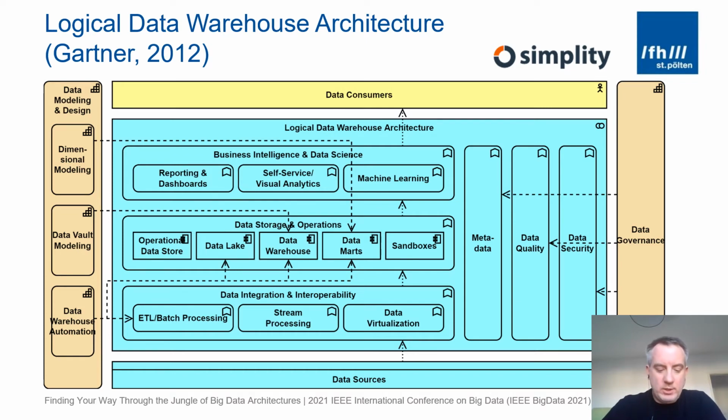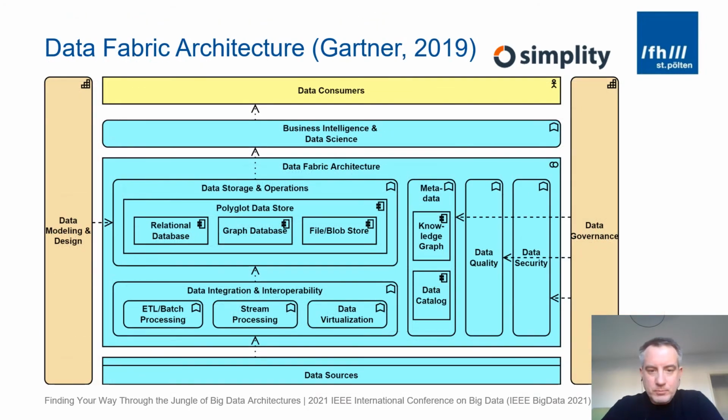Moving forward, we then looked at the data fabric approach. This is a term that was originally brought up in various blog articles, but then again picked up by Gartner in 2019.